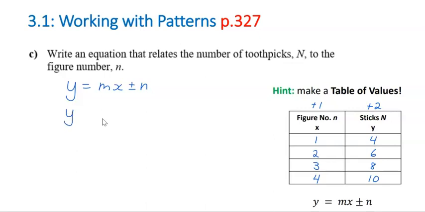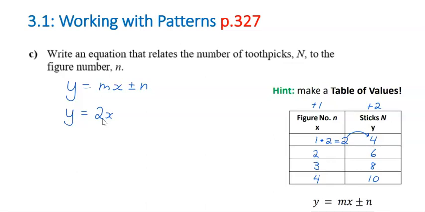So y is equal to 2 times x, and then we try it. I'm going to now multiply 1 times 2. That equals 2. And then I have to see, do I need to add or subtract to get to the y value? I have to add 2.